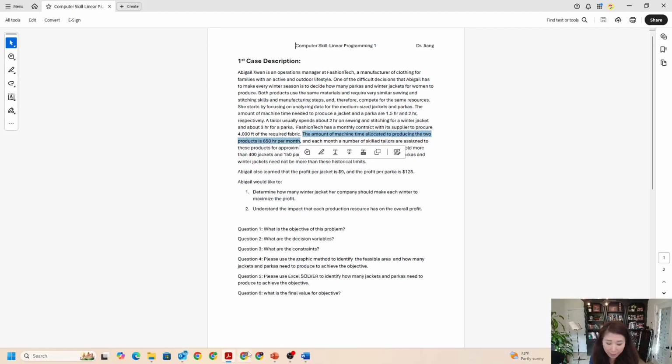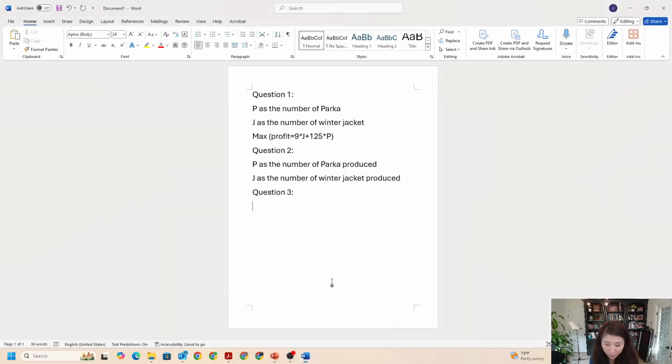So first of all, we need to ask ourselves, if we are producing P amount of the Parker and J amount of Parker winter jackets, how many hours do we spend, right? That is for the machine time, so this is the first constraint.